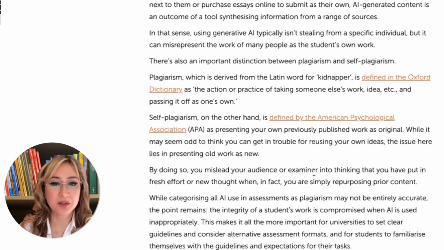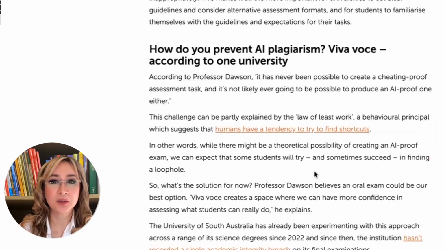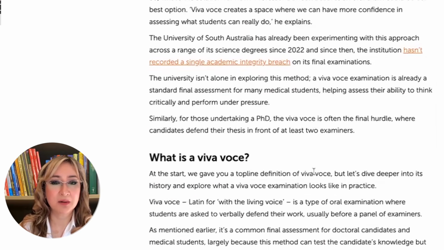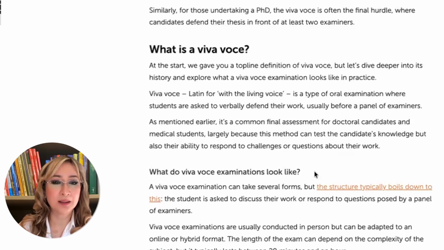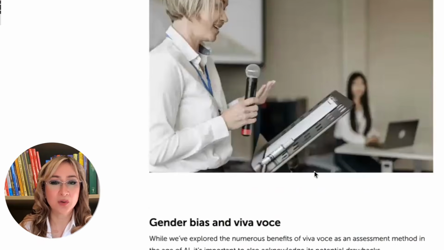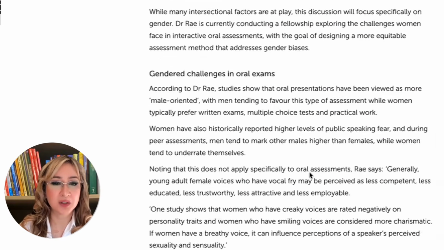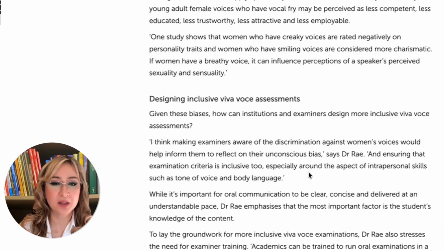Defining plagiarism, self-plagiarism. How do you print a viva according to, okay, what's a viva? Yep, comes from Latin, means live voice, basically. Yeah, or with the living voice. And are they saying yes or no? Depends, right? Gendered challenges in oral exams, designing inclusive viva voces. Okay.